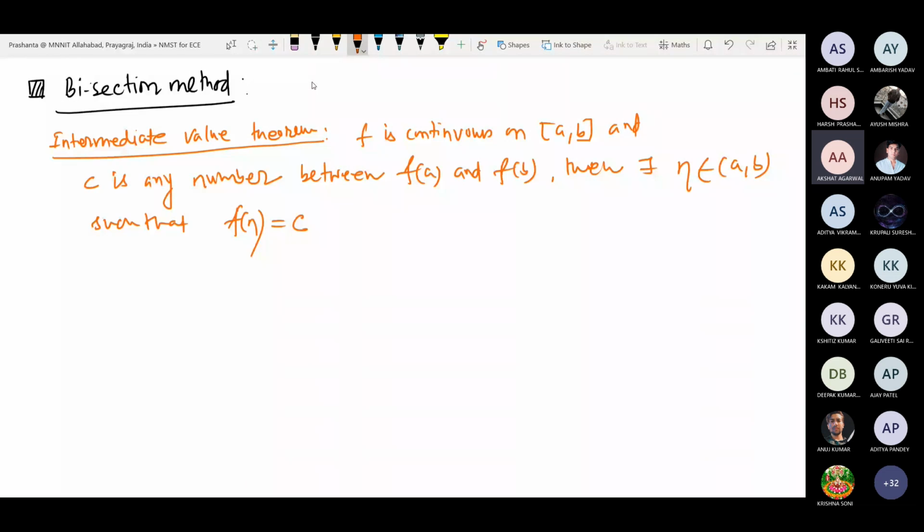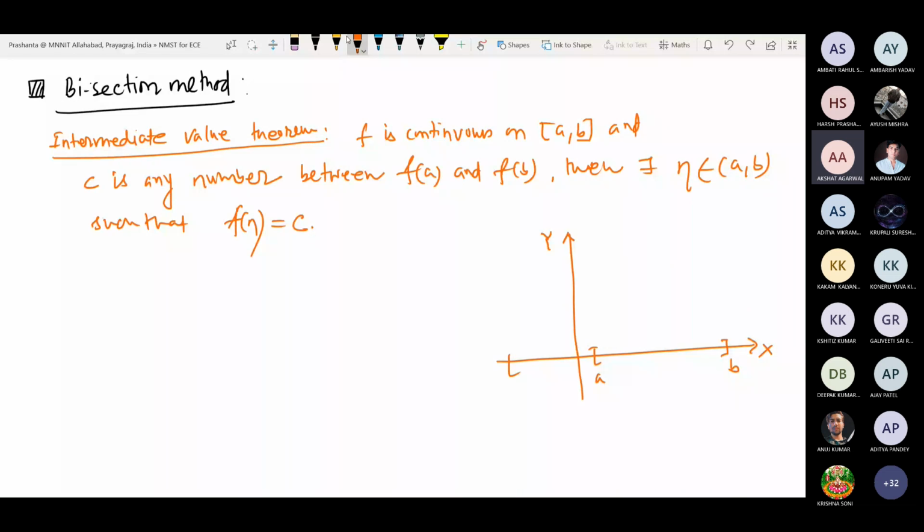Let me draw the picture so that you can understand easily. This is 2 dimensions, this is the x axis, this is the y axis, this is a, this is b. It is not necessary that both a and b be positive; I could have taken a here also, no harm.